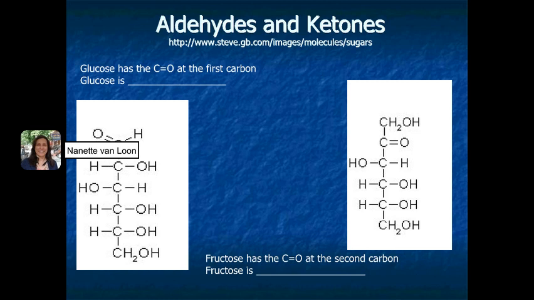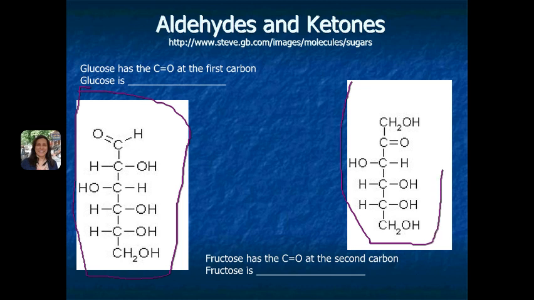Glucose and fructose are structural isomers of each other. In other words, they have the same chemical formula, but they have a different arrangement of the atoms within that formula. If you take a look at them, one of them is an aldehyde, the other one is a ketone.